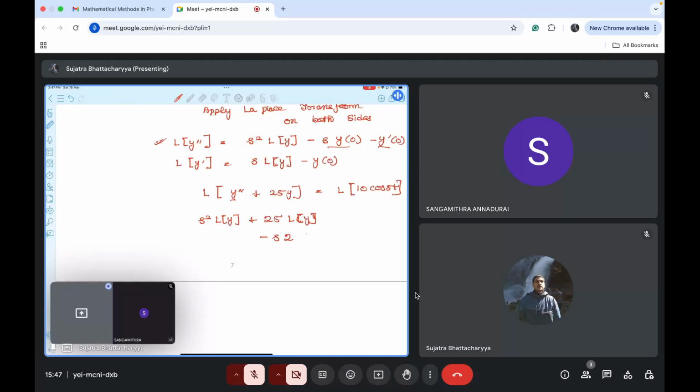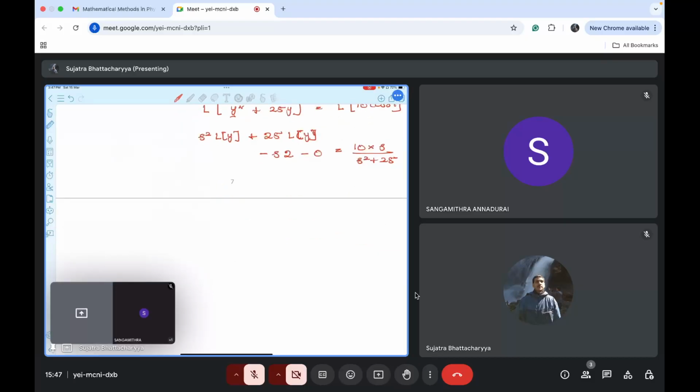So 2. And what is minus y dash of 0? It is 0. What is the Laplace transform of 10 cos 5t? 10 will be coming outside. Cos 5t will be s divided by s square plus 25. Right? 5 square, 25. Okay. This you should know. The Laplace transforms of individual functions you should know.